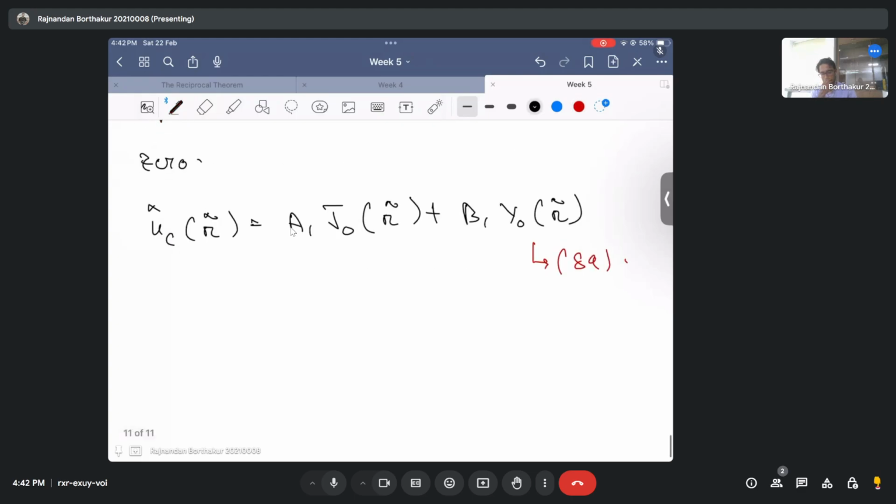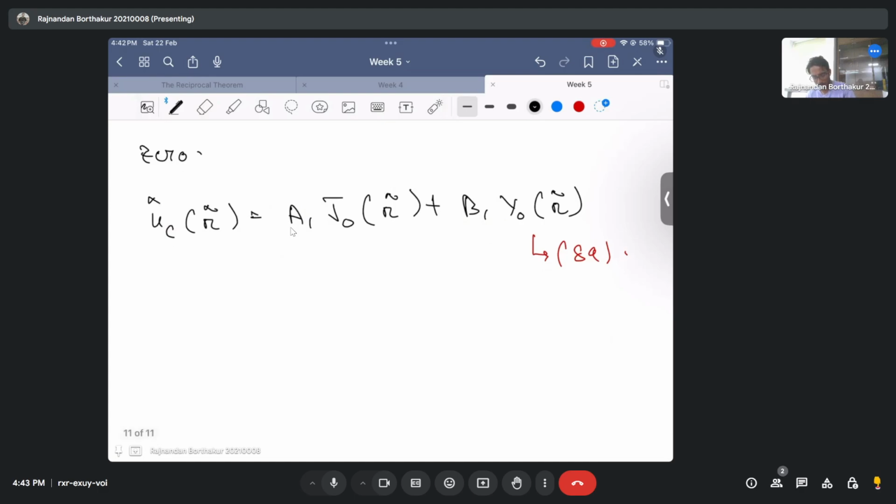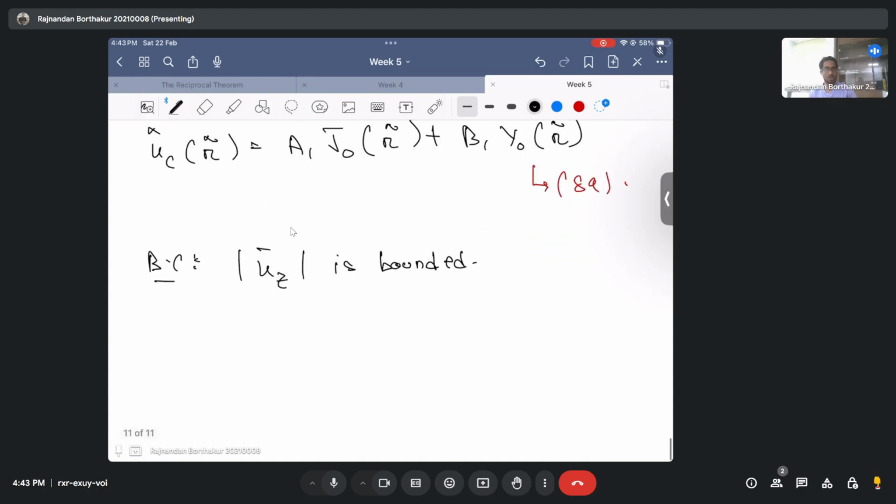Now the last task is to calculate this A1 and B1 from the boundary conditions. So remember, I have a boundary condition there. I said that the mod of u bar z is bounded. This is something that we said, because the magnitude of the velocity is finite, which means uz is always bounded.